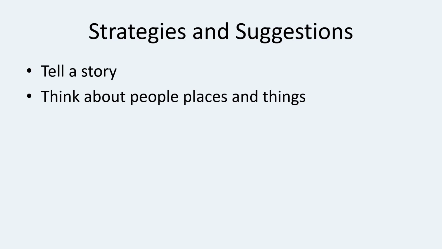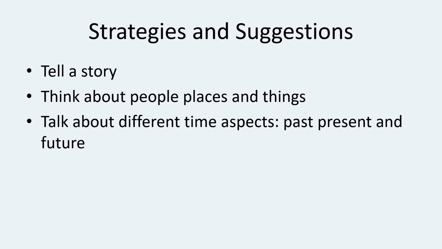Think about people, places, and things. Even if your topic is something like an activity, you can talk about the people you do the activity with, the place you do the activity, and possibly something you use to do the activity.